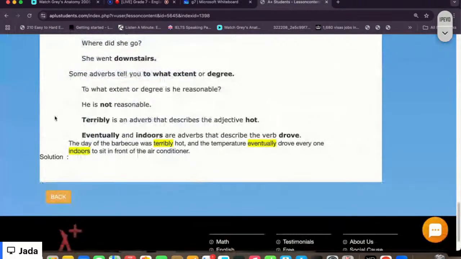Then for this part, we have: the day of the barbecue was terribly hot, and the temperature eventually drove everyone indoors to sit in front of the air conditioner. So we have terribly, eventually, and indoors as the adverbs.